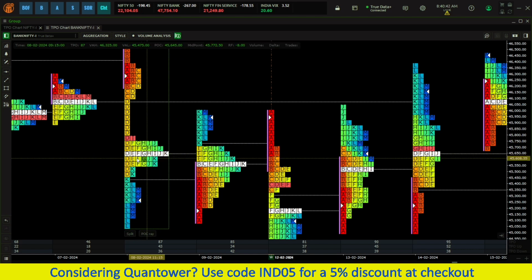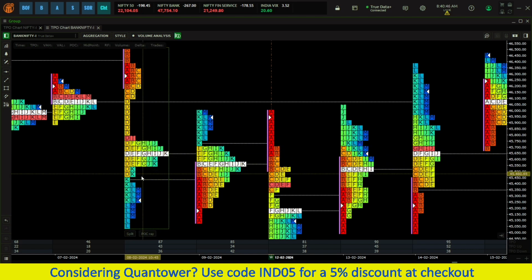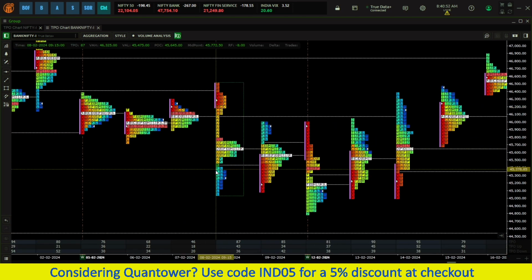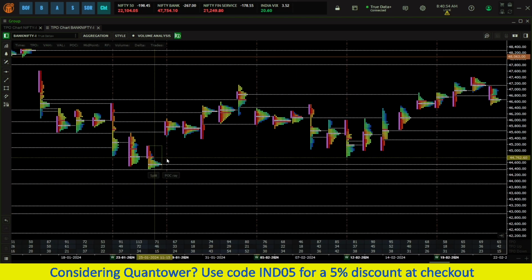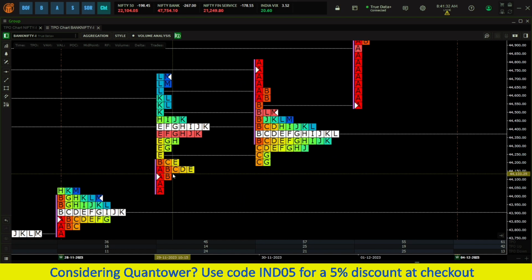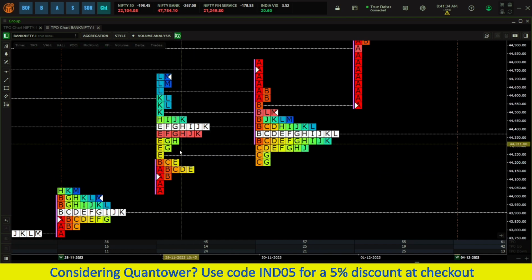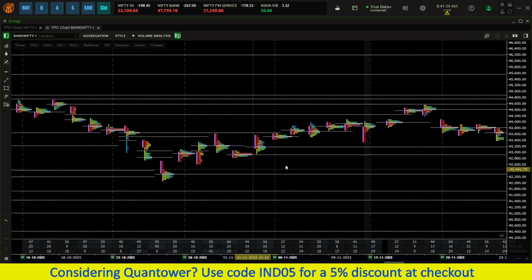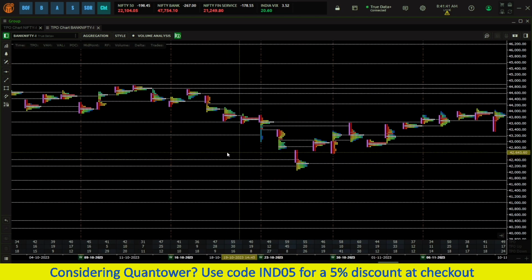Even after this sort of pullback, we will get trendy moves, but that is separated by the single print. That is important. This is one of the best examples which you can see. We will try to cover more examples. This is a small IB and this is a double distribution. Let's see some more examples, one or two more.